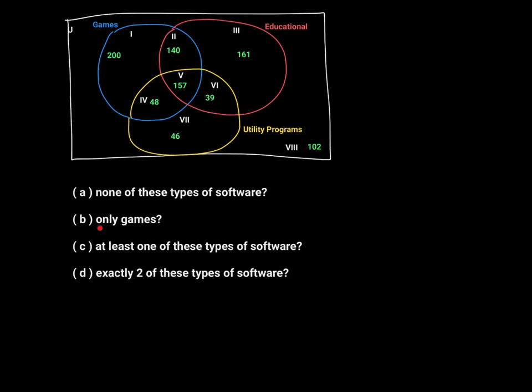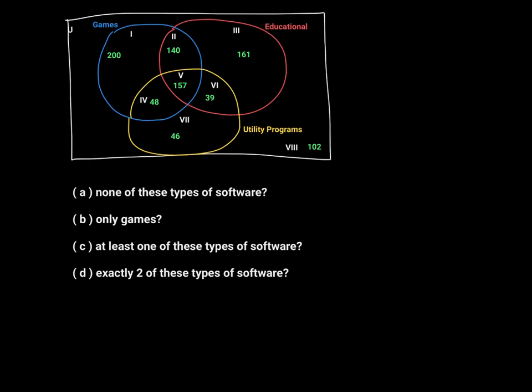Next question. How many of the customers only purchased games? That answer would be 200. Next question. How many purchase at least one of these types of software? That means they could have purchased more, right? But they purchased at least one.